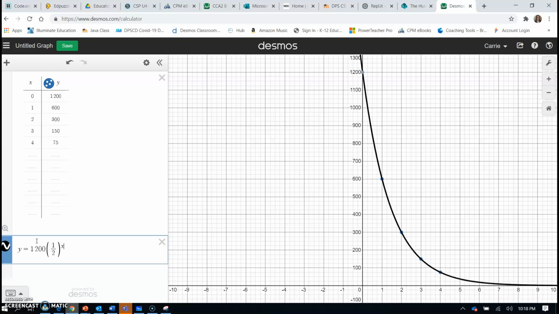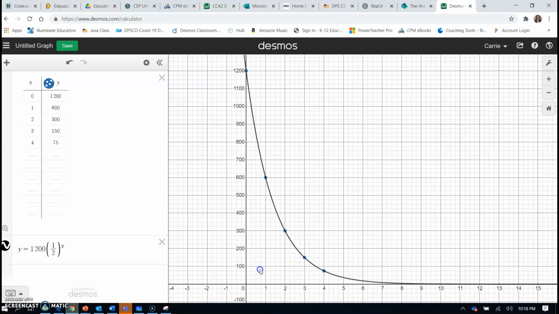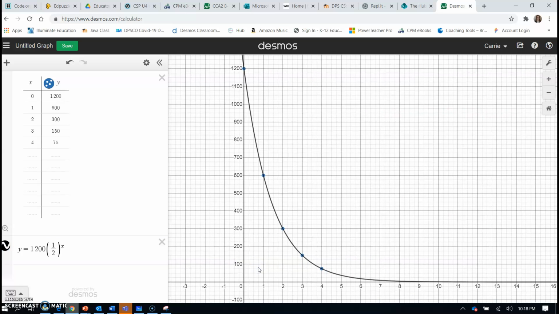Oh, look. The nice thing is my table and where my dots were and my graph line up nicely. So I'm just going to move this over. There's my graph. That looks nice. Notice a couple key points up here. It crosses the y-intercept at 1200, but if I look closely, I'll see it actually never crosses the x-axis.